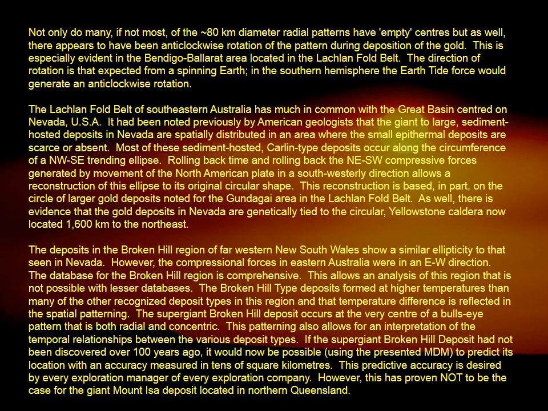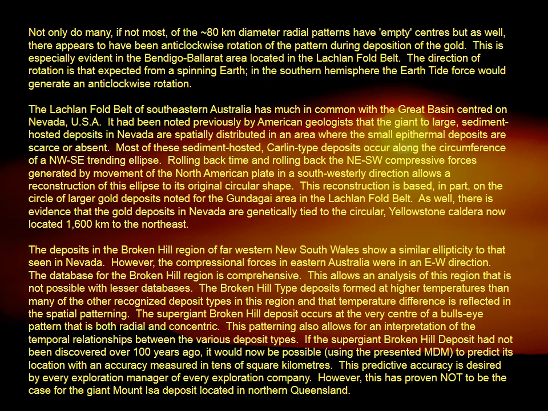Rolling back time and rolling back the northeast-southwest compressive forces generated by movement of the North American plate in a southwesterly direction allows a reconstruction of this ellipse to its original circular shape.